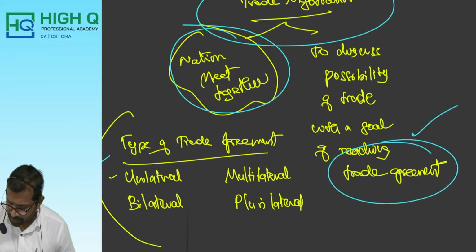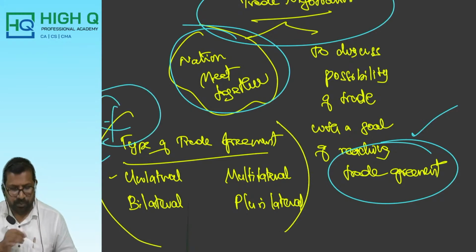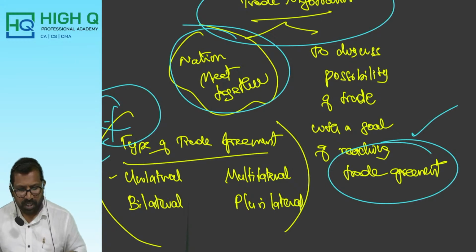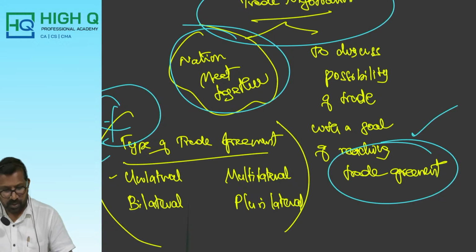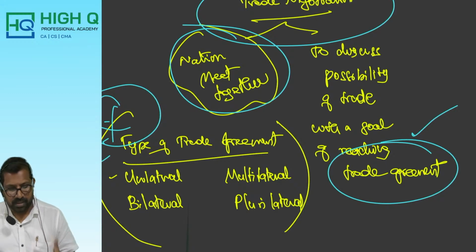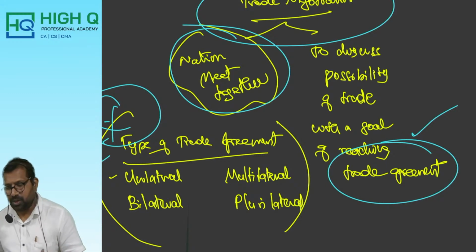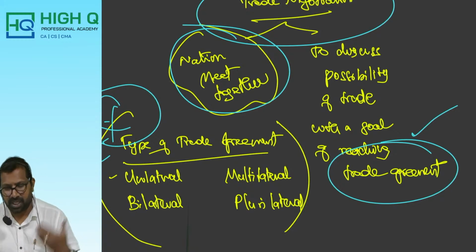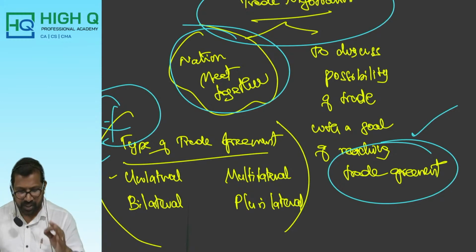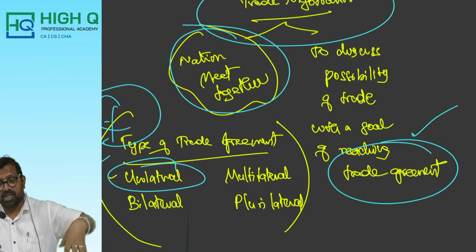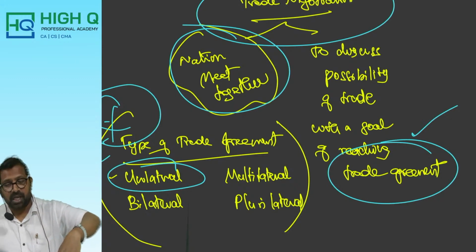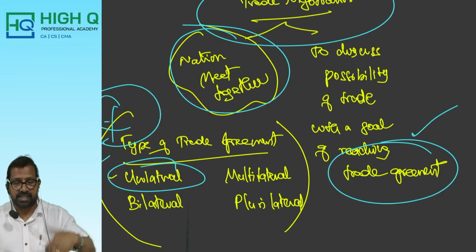This part is again important. Unilateral: the importing country offers certain incentives to encourage the export country. So one country gives some incentives to encourage export business. Here they are not focusing on both sides, they are providing incentives to engage the country in export business.